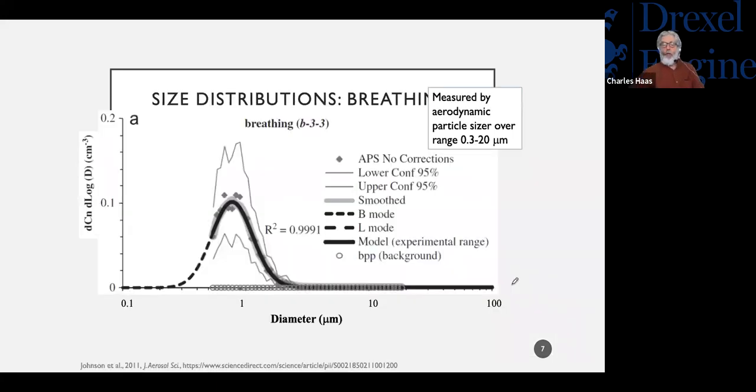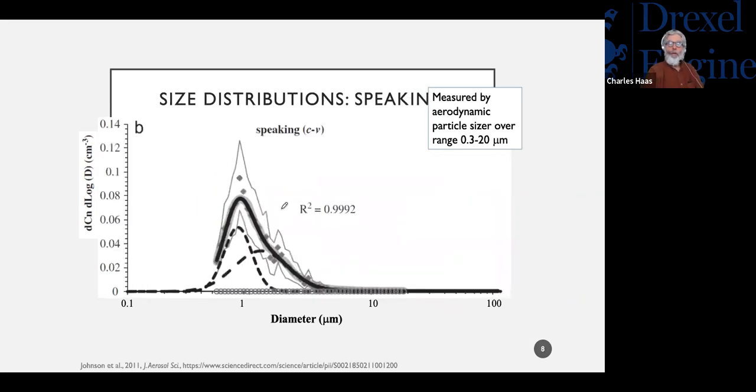And now, even by ordinary breathing, and the next few slides are from Lindsay Marr at Virginia Tech, ordinary breathing generates aerosols in the small particle range. You see the peak here is just slightly less than 1 micron. Speaking, somewhat greater generation of particles, but again, 1 micron roughly as a mode.